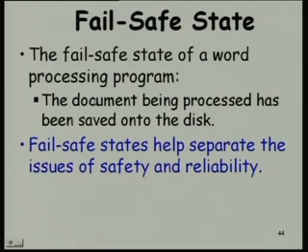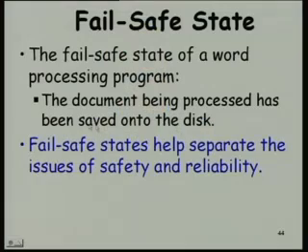We had already seen that for an unreliable word processing system, the fail safe state is saving the document to disk.